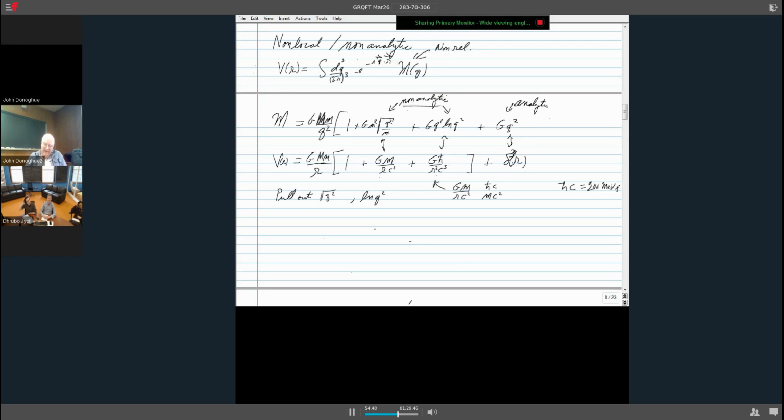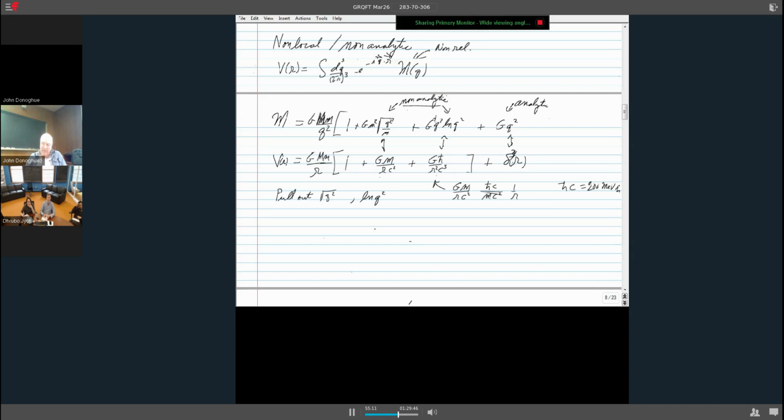What I did here is I'm in position space. I'm trying to write out dimensionless variables, and GM over R C squared is dimensionless. If you put the units, G H bar over R C cubed is also dimensionless.